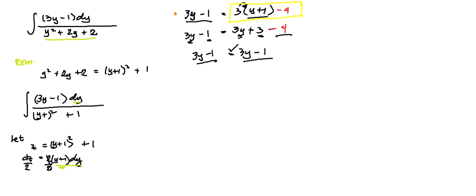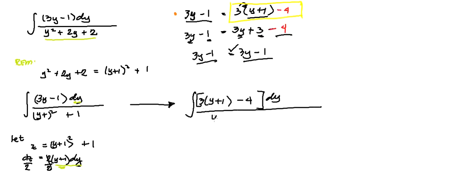So our integrand will become, instead of 3y minus 1, 3(y plus 1) minus 4, and then of course our dy all over our denominator, which is (y plus 1) squared plus 1.